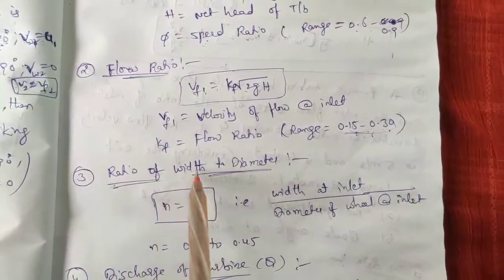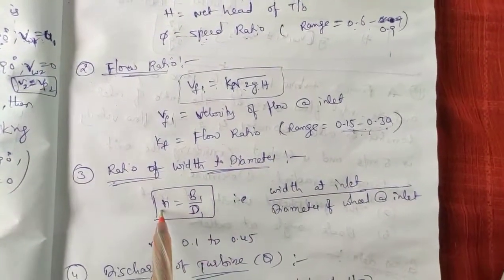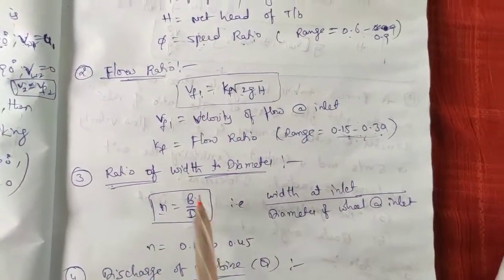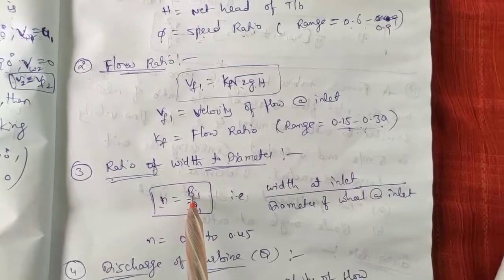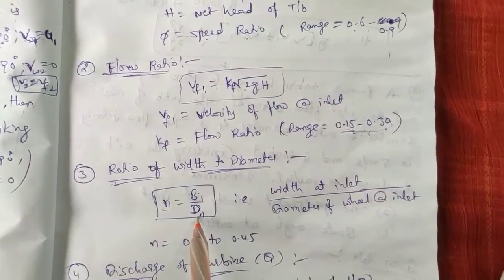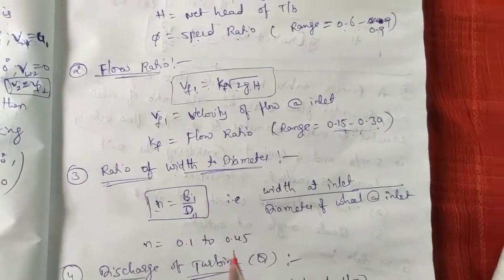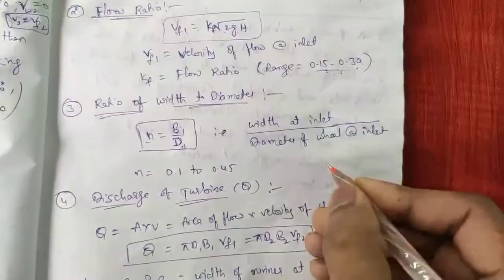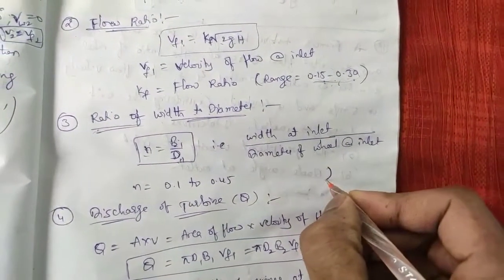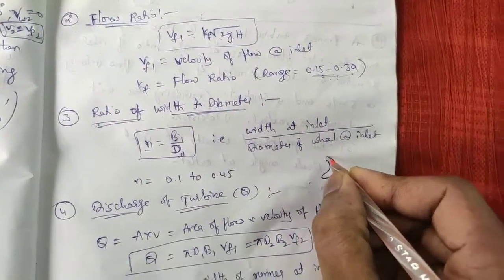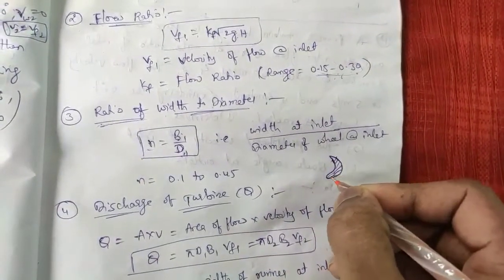Next, the third thing, ratio of width to diameter, n equal to b1 by d1, where b1 is the width of the blade at inlet and d1 is the diameter of the wheel. Width of the blade: we already saw the shape of the blade like this. This is the top view.